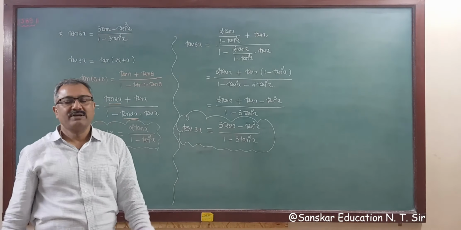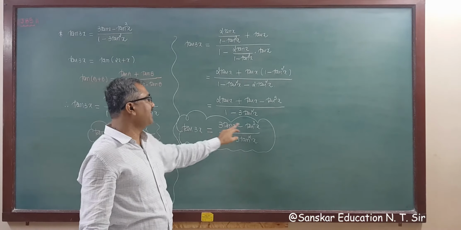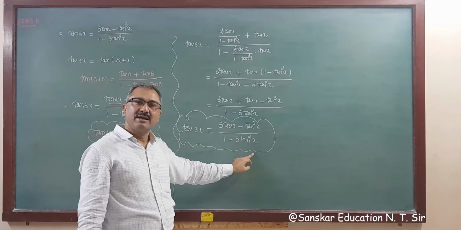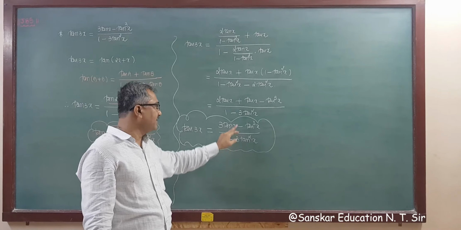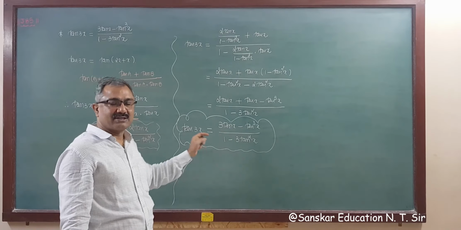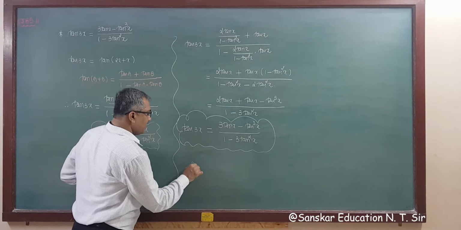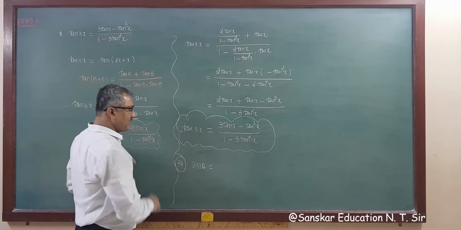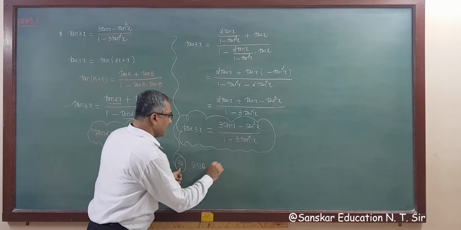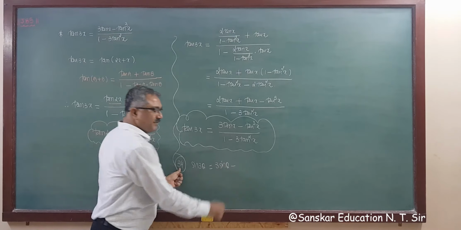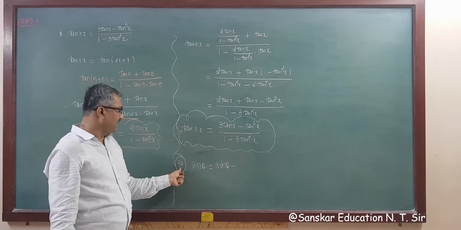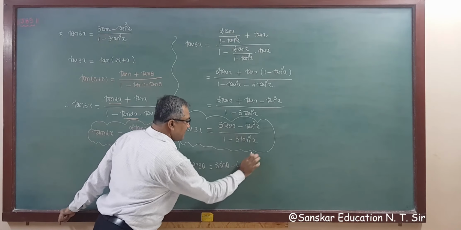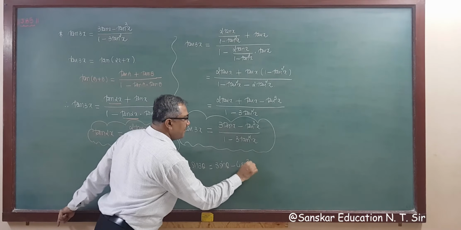So tan 3x is 3 tan x minus tan cube x upon 1 minus 3 tan square x, 3 1 upon 1 3, and both have a minus sign. So sin 3 theta, remember, sin 3 theta is 3 sin theta minus 4 sin cube theta, with 4 there is always a cube.